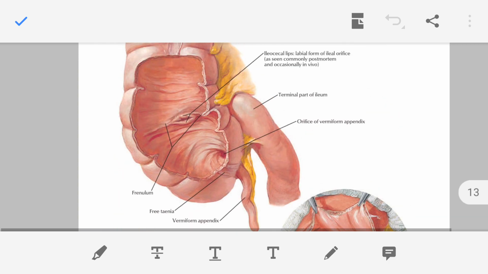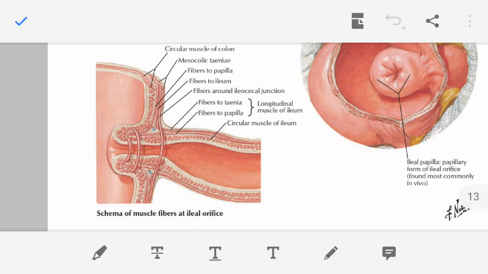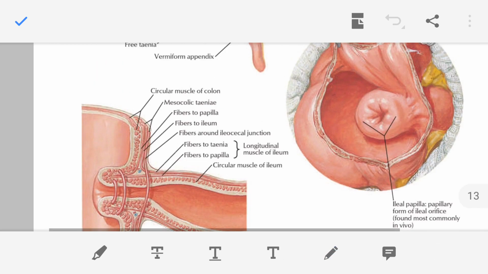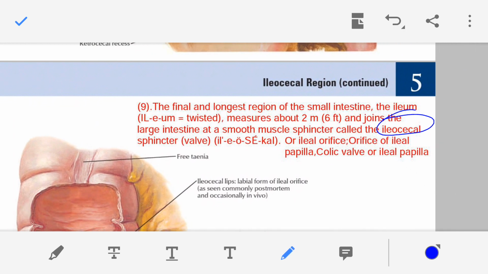Once again, this one is the superior ileocecal lip, and this one is the inferior ileocecal lip. The superior and inferior lips and the orifice, together all this structure is known as the ileocecal sphincter.